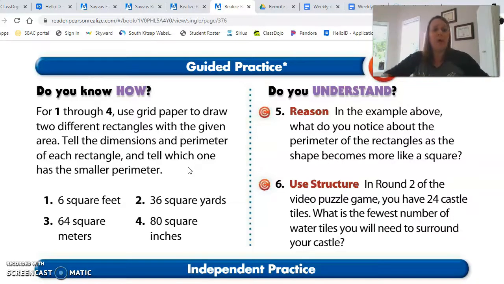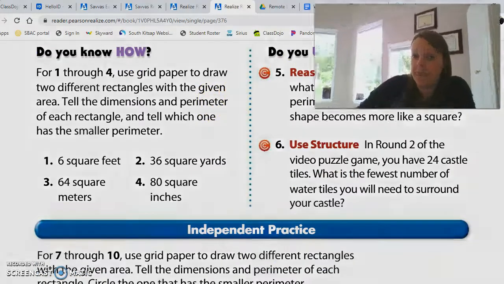So for number 1, we have to come up with rectangles that are 6 square feet. So the first thing I need to figure out is what are 2 ways that I can make 6 with multiplication? What are 2 factors? So in one color, I'm going to do it in green, 2 ways to make 6 square feet.